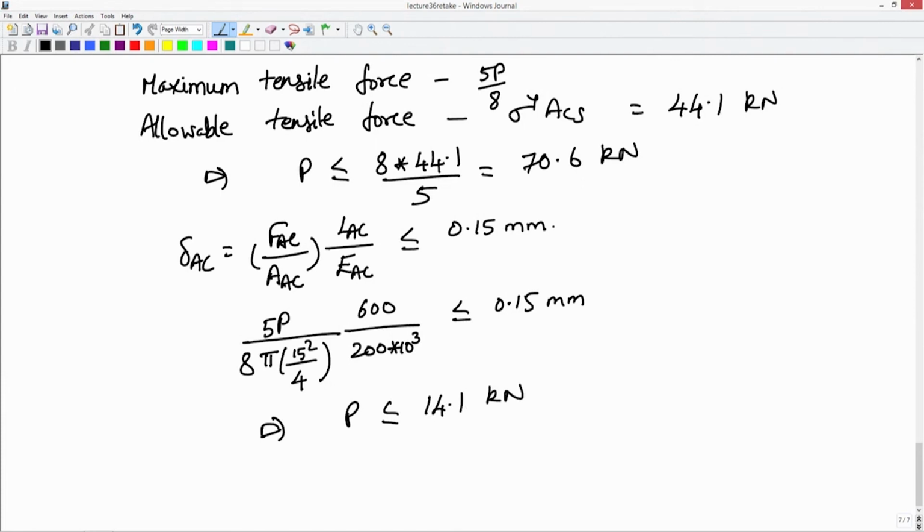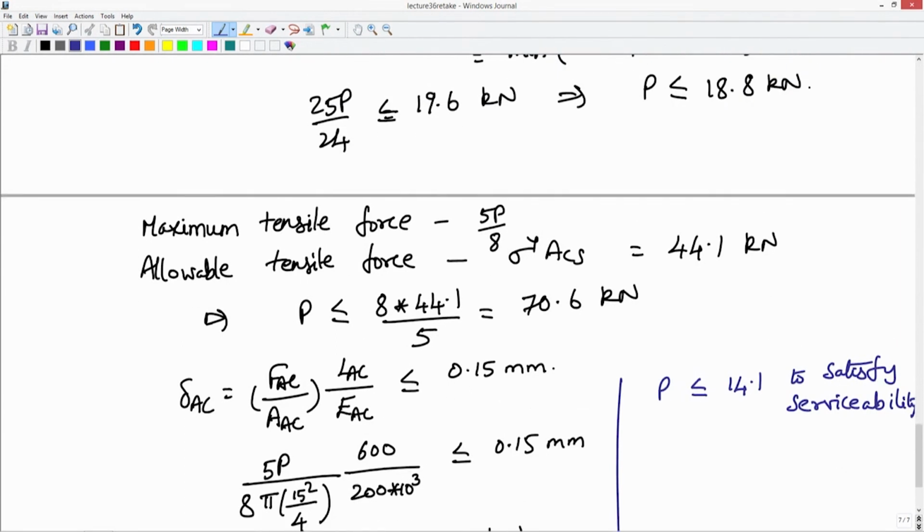Combining all the three cases, P must be less than or equal to 14.1 kilonewtons to satisfy serviceability, where they recommend that the displacement of C has to be lesser than a particular value, and it has to be less than or equal to 18.8 kilonewtons to satisfy strength requirements.